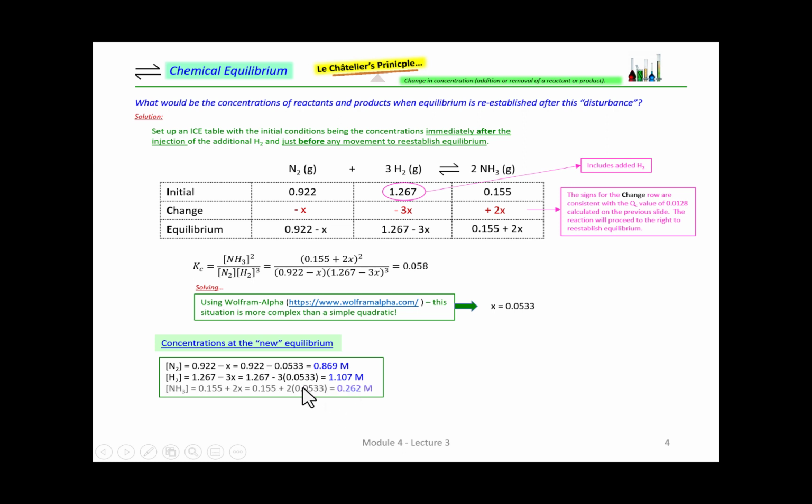And the concentration of ammonia was 0.155 plus 2x, so that would give us 0.262 molar. If we plug these concentrations at the new reestablished equilibrium, we do get the correct Kc value of 0.058. So this checks out.